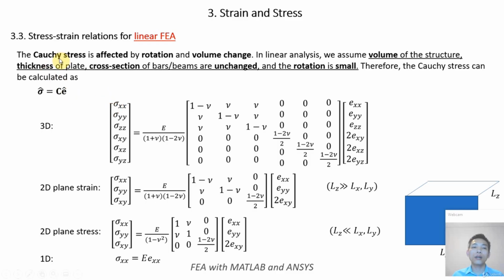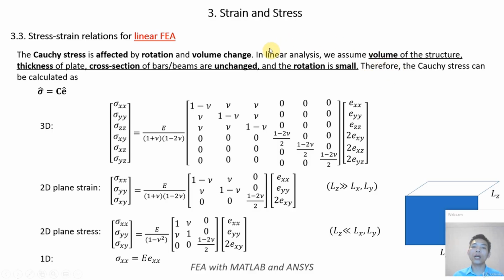But generally, the Cauchy stress is affected by rotation and volume change. But in the linear analysis, as I said, we will ignore all of them. And that is the assumption linear finite element analysis inherits.